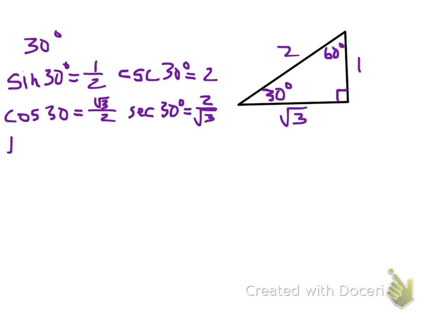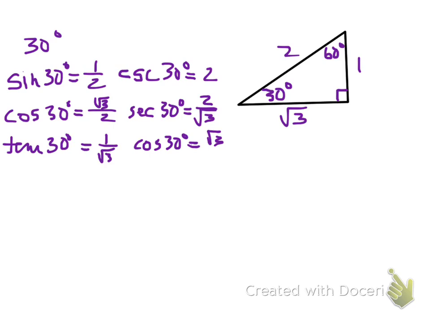The tangent of 30 degrees is 1 over the square root of 3. And the cotangent of 30 degrees, I'm having trouble writing today, guys, is the square root of 3 over 1.